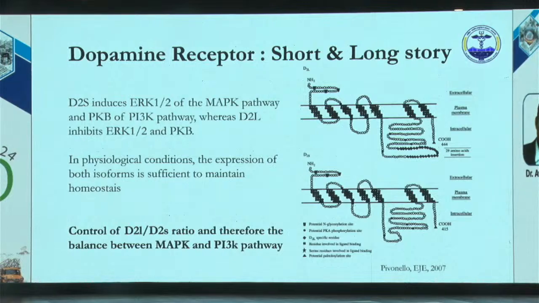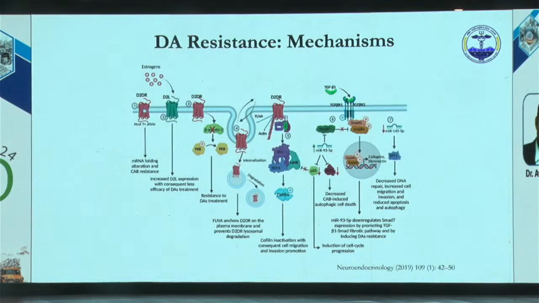There is a particular balance of D2L and D2S in any normal lactotrope. But if at any point of time this balance gets disturbed, then there might be ongoing proliferation of the lactotropes. Here we can see there are lots of mechanisms, particularly changes in the ratio of D2S versus D2L in the tumor, and downstream pathways like beta-arrestin and different types of microRNAs, all of which can play a role in dopamine resistance. Why is this important to note?